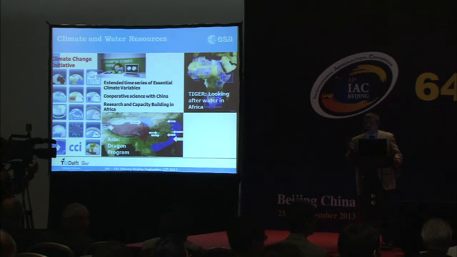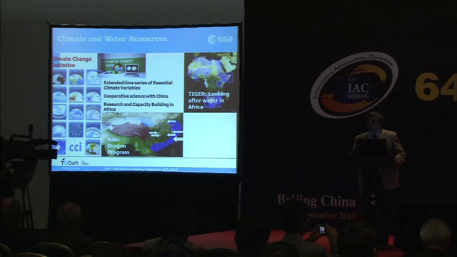And then you may even see that there is a difference. In China, the emphasis is on advanced water science on a really equal level with the rapidly developing high-level system of research and education in China. In Africa, there is a balance between development of applications and capacity building.